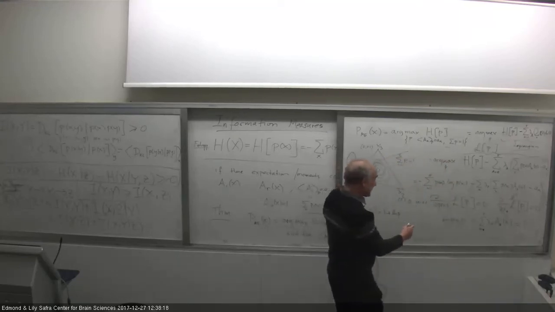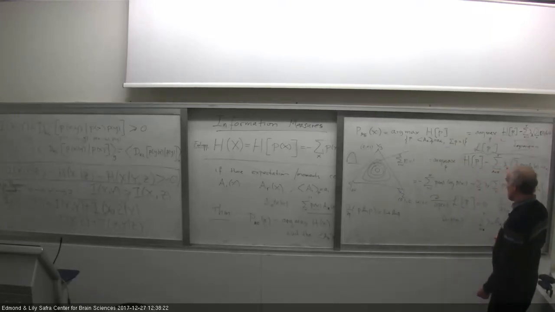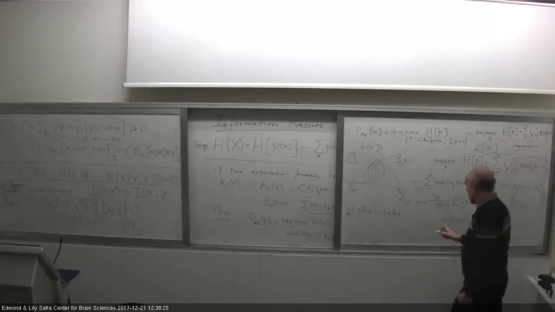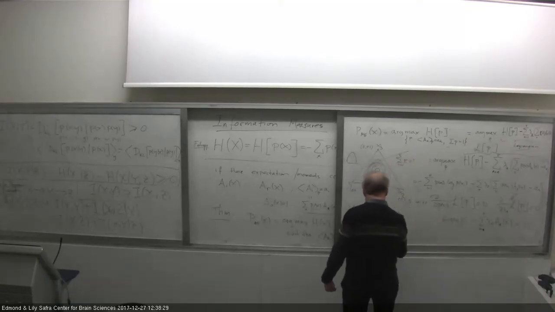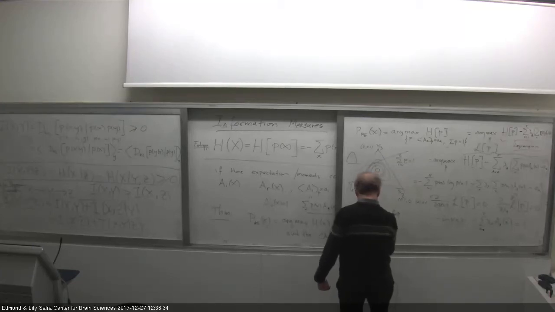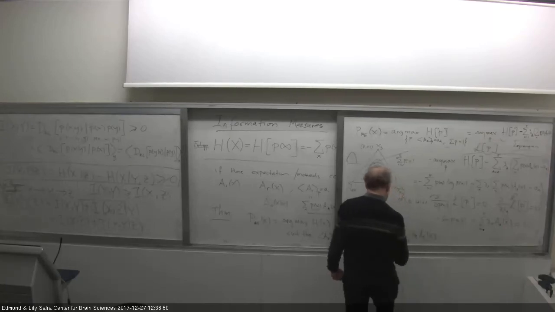And what I get is that ln p is minus the sum of λk ak of xi, where k goes from 0 to r. This is what I get.